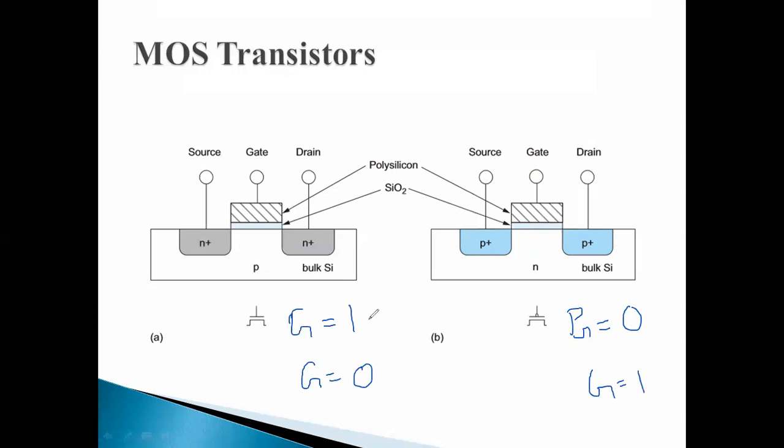I repeat once more. NMOS transistor turns on when its gate input is equal to 1, whereas NMOS transistor turns off when its gate input is 0. PMOS transistor turns on when its gate input is 0, and PMOS transistor turns off when its gate input is 1.